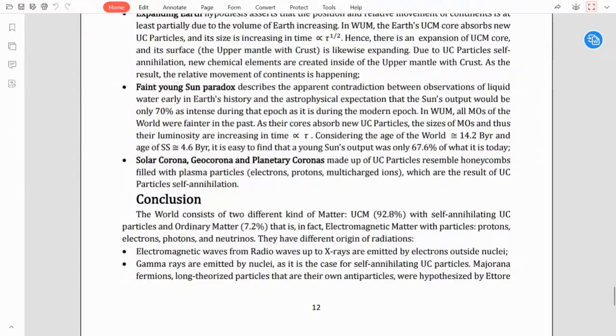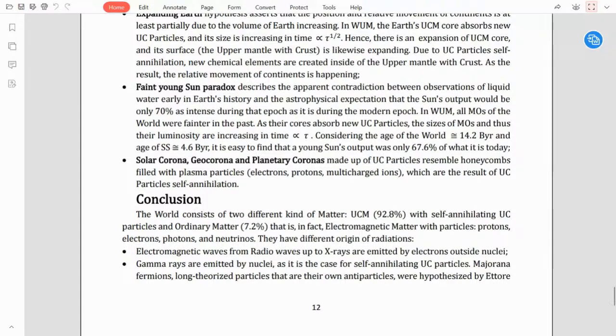The faint young Sun paradox describes the apparent contradiction between observations of liquid water early in Earth's history and the astrophysical expectation that the Sun's output would be only 70% as intense during that epoch as it is during the modern epoch. In UCM, all macro objects of the world were fainter in the past.